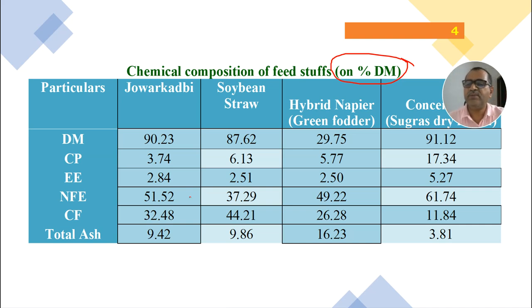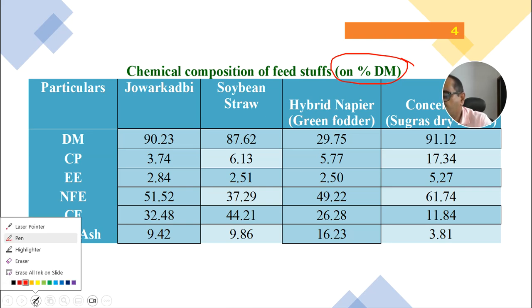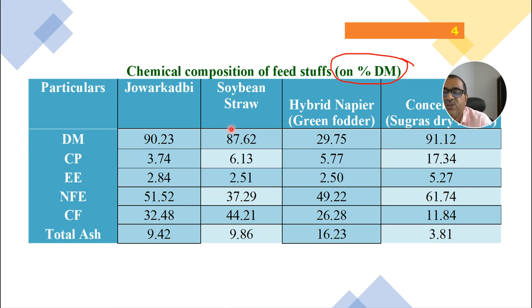The dry matter differs. For example, jowar kadbi has dry matter of 90.23, then soybean straw about 86.72, and hybrid Napier, a green grass, about 27. So the dry matter content is less.